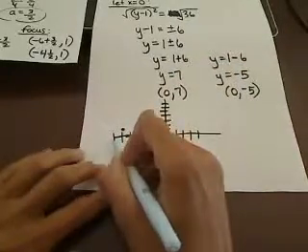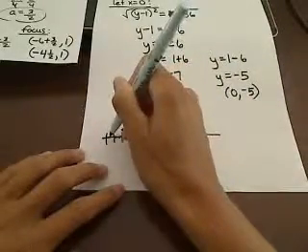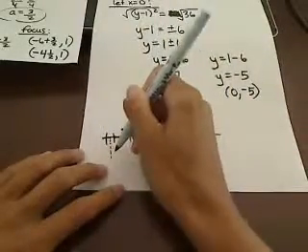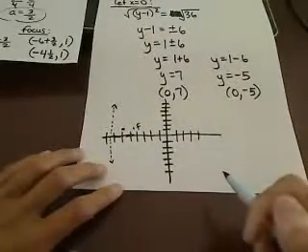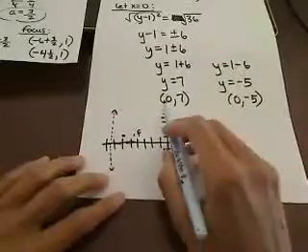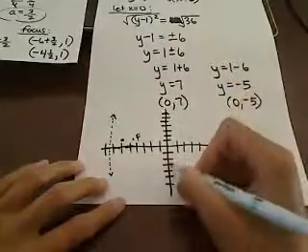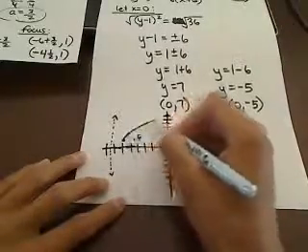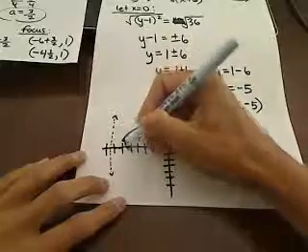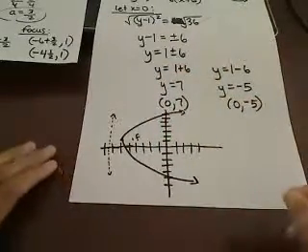And the directrix is x equals negative 7.5. So back here. That's supposed to be straight. Okay, and then we have a couple of other points here. We have 0, 7. That's this point, and 0, negative 5. That's this point. So we can draw our parabola through those points. Okay, and that would be it on this problem.